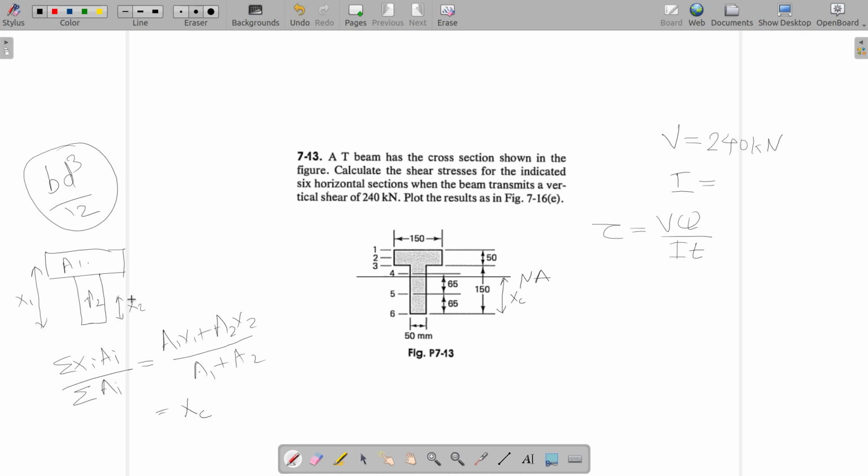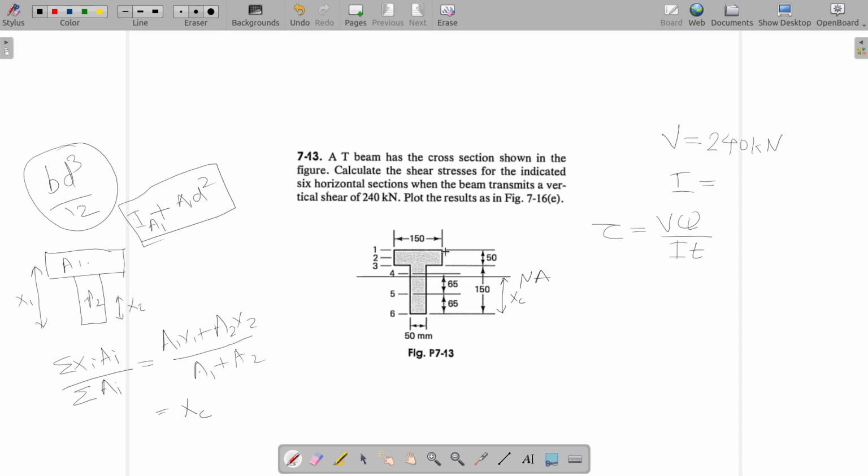And once you have that, the area moment of inertia of the individual area plus the area multiplied by a distance squared will give you the area moment of inertia about the centroid of the whole section.